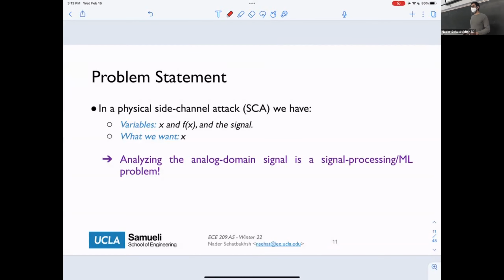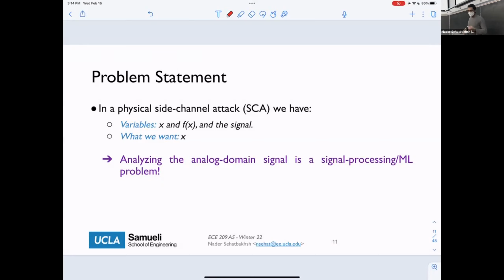As you will see, this area of physical side channel attacks is really an extended version of what we have seen in other areas such as communication, signal processing, and machine learning. At the end of the day, the problem of extracting useful information from a time domain signal is very similar to extracting information from, for example, speech processing, or image processing. So many of the techniques used there can be directly repurposed and applied here.